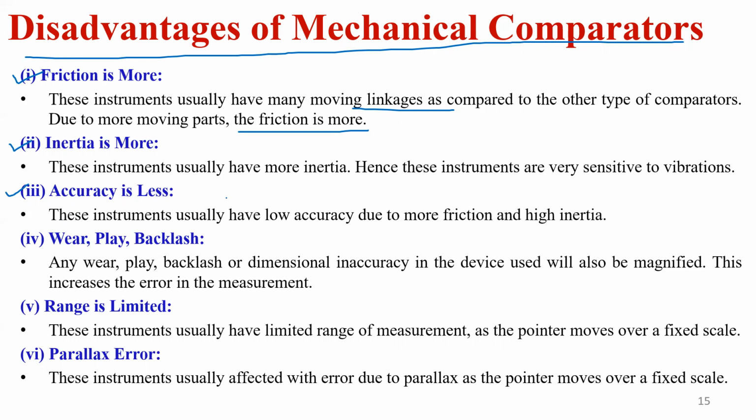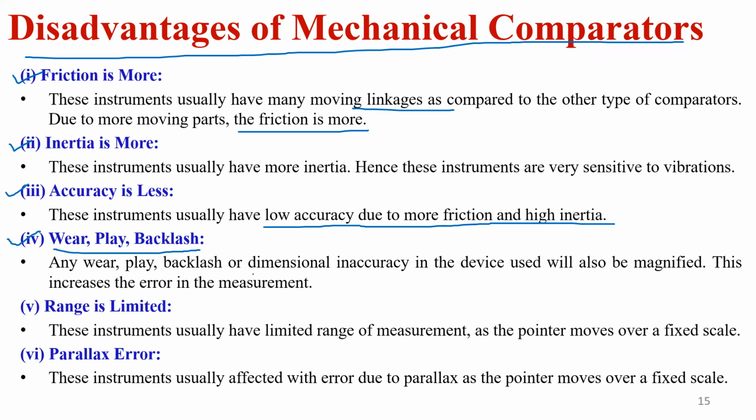Accuracy is less. Because of having more friction and high inertia, accuracy is less. And wear, play, backlash errors also occur in the mechanical comparators because there are gears, there is a rack and pinion.